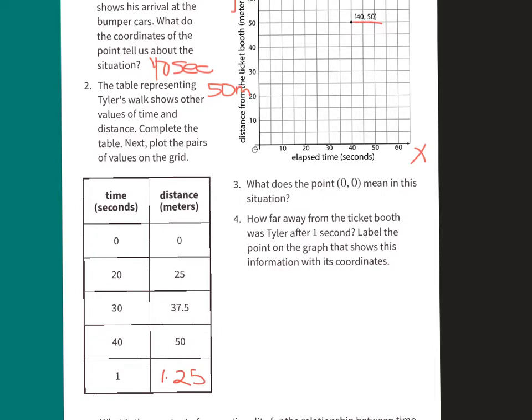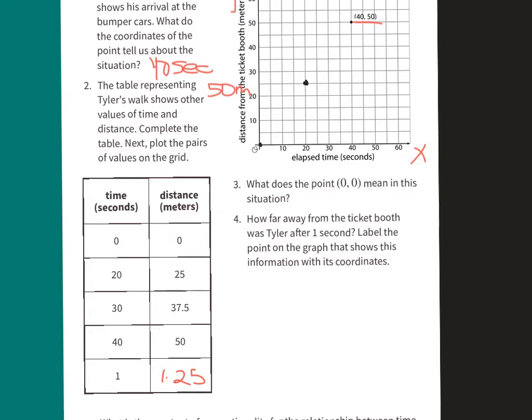So let's get black here so we can actually see it. All right, so 0, 0. We go over 0 and up 0, so 0, 0 is going to be right in there. And then we have 20, 25, so we go over 20 and up 25, and put another dot right there.